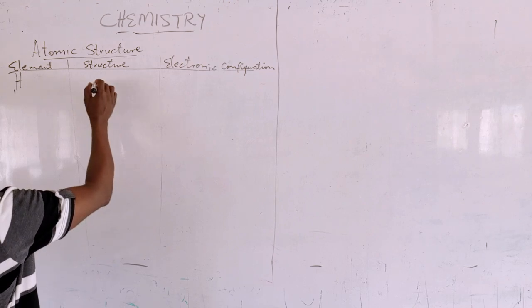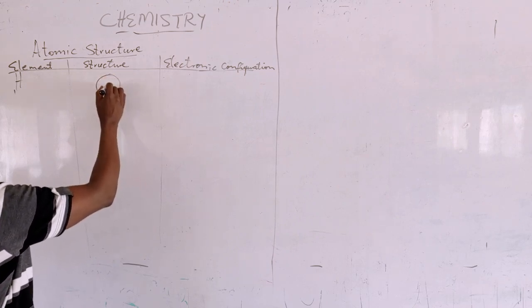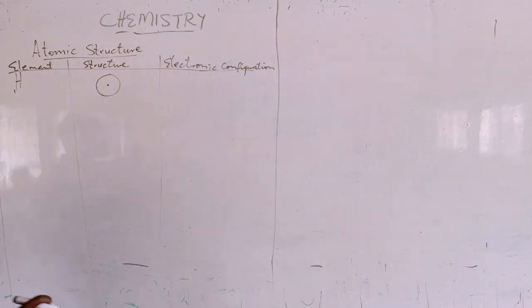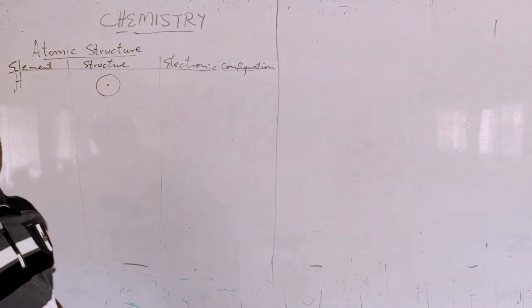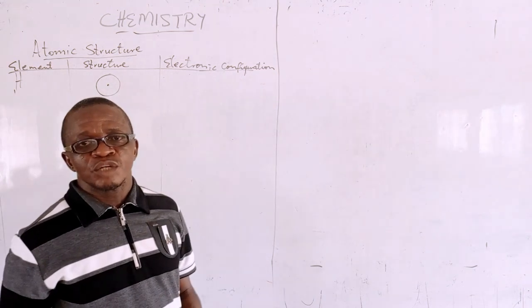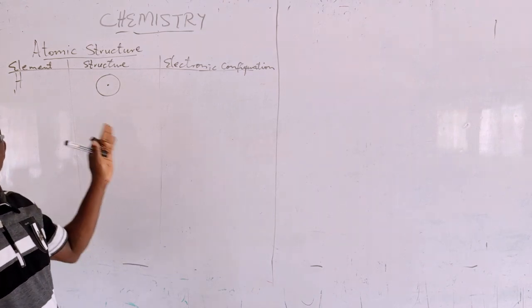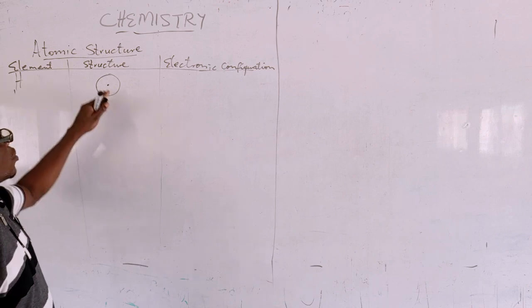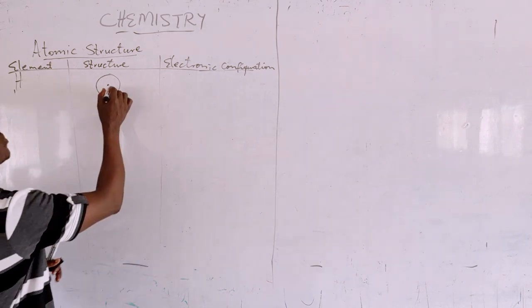The structure looks like this. You don't forget the nucleus. The center dot here is the nucleus, which contains neutron and proton. Apart from hydrogen with atomic number 1, mass number 1, that has no neutron, the rest atoms have neutron and proton in the nucleus.